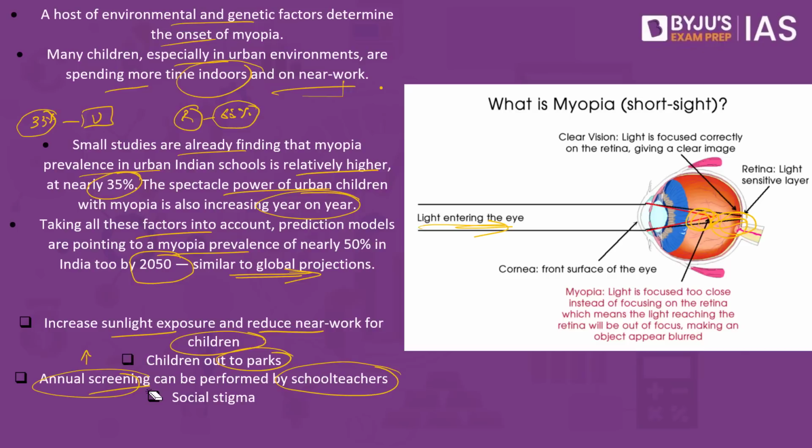In case myopia is discovered, children should also be provided with glasses, and once they are provided with glasses, there is also social stigma, there is teasing as well. This has to be discouraged, so students should also be given awareness about glasses. So we must also tackle the social stigma around spectacle wearing with tact and compassion. These are some of the measures that we may have to take to fight the menace of myopia.